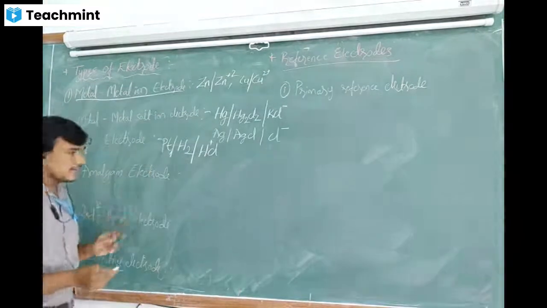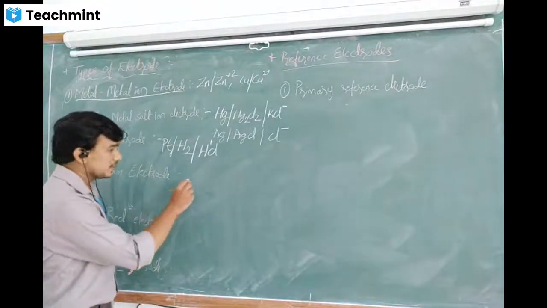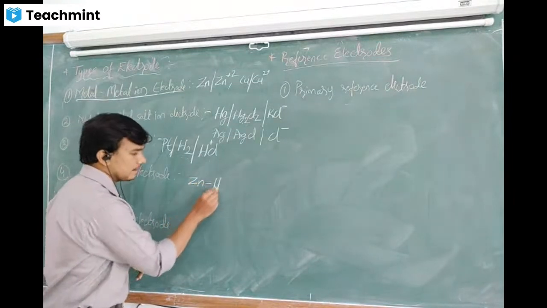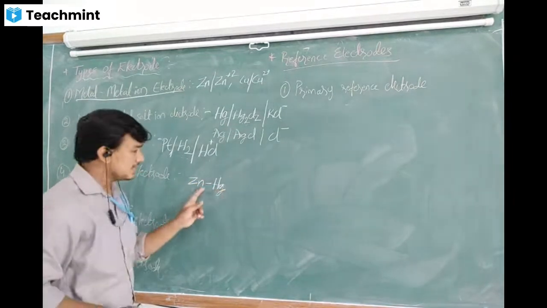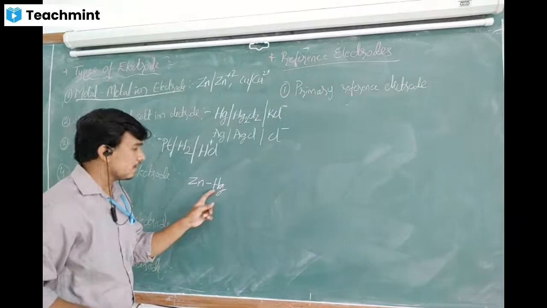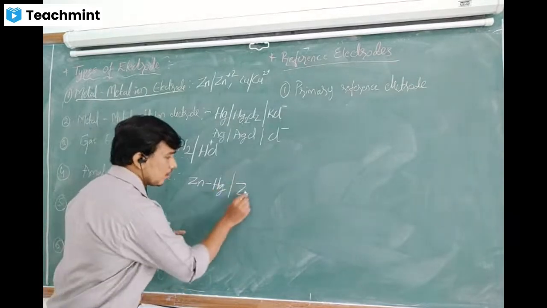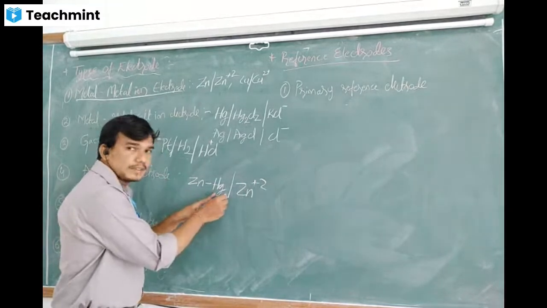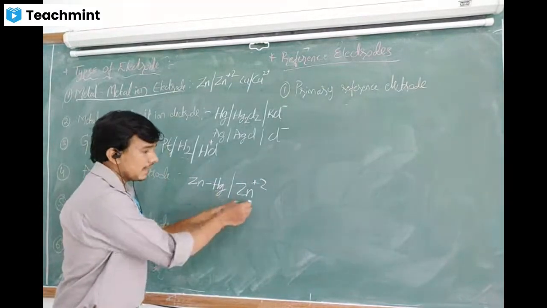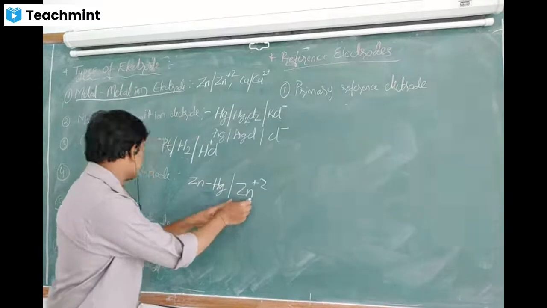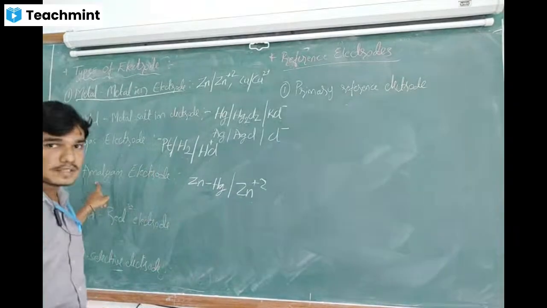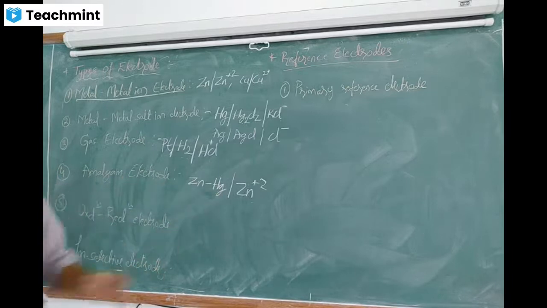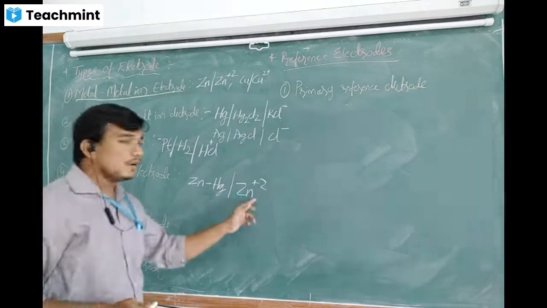So an amalgam is a metal in contact with mercury. Say for example, zinc amalgam. The amalgam of a metal is in contact with its own metal ions.